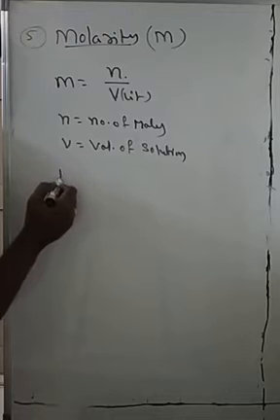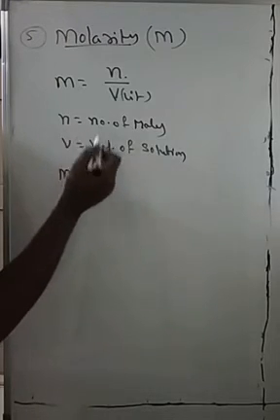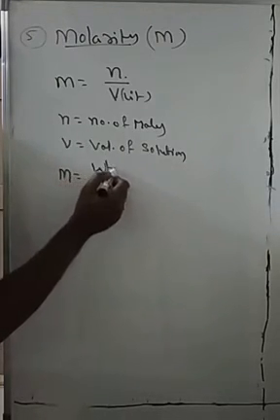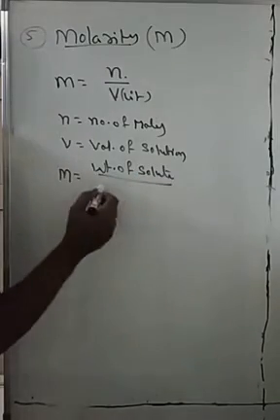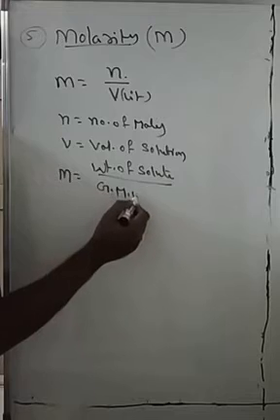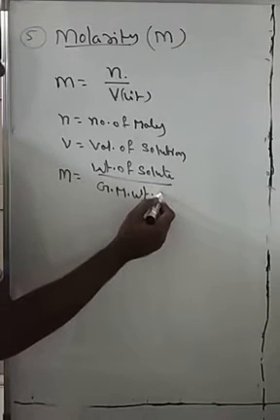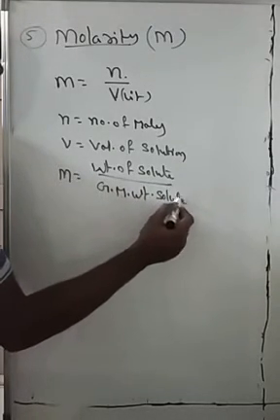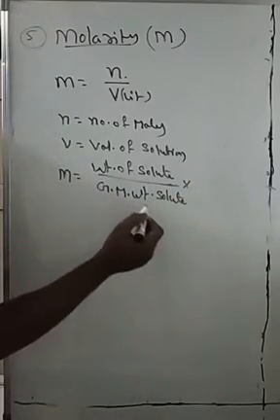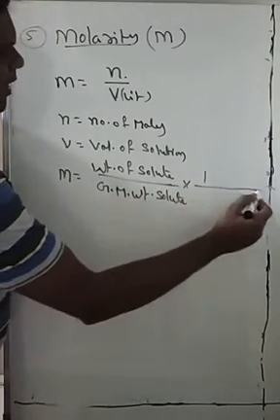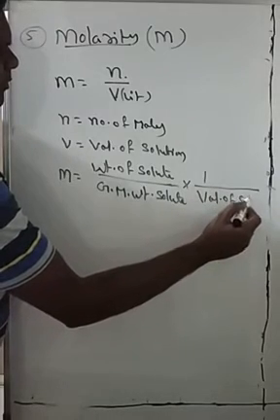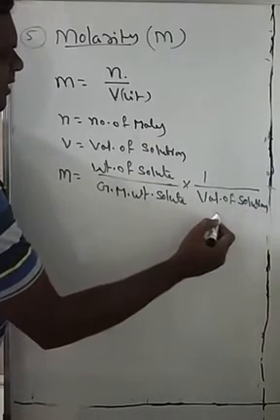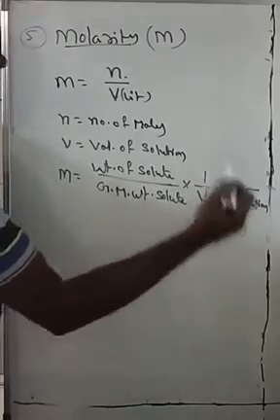Here, how to find out number of moles? Number of moles is equal to weight of solute by gram molecular weight of solute. This is number of moles into 1 by volume of solution measured in liters.